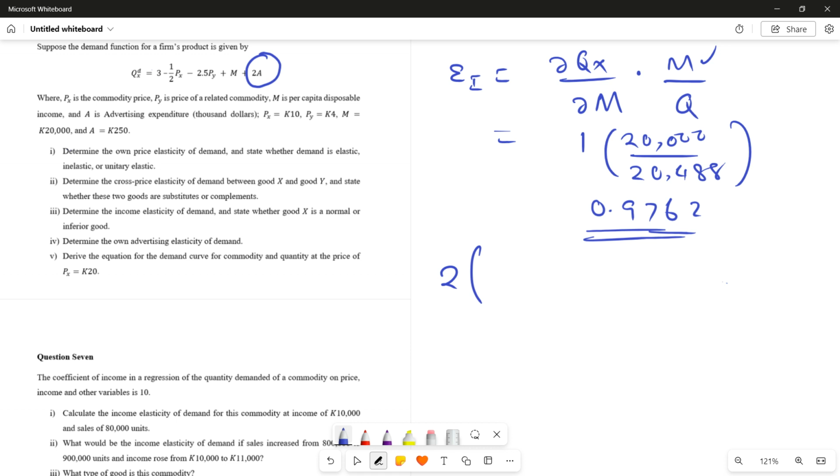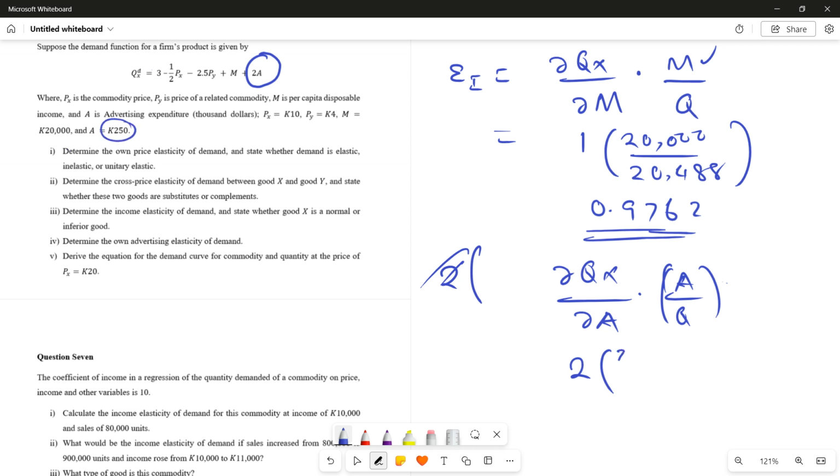Note that this is just the derivative of QX with respect to A, so you're going to multiply this by A, just like we've been doing for the other ones. The value of advertising expenditure is 250. Put your 250, divide this by 20,488.